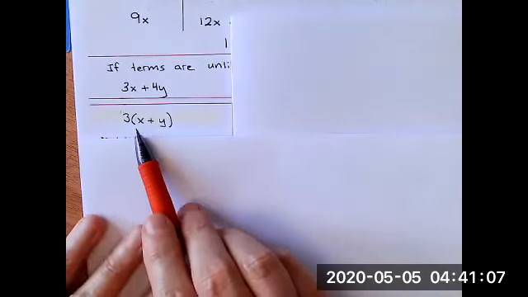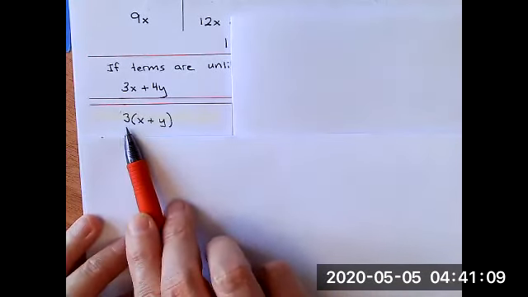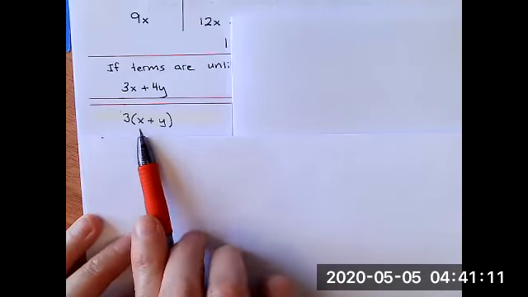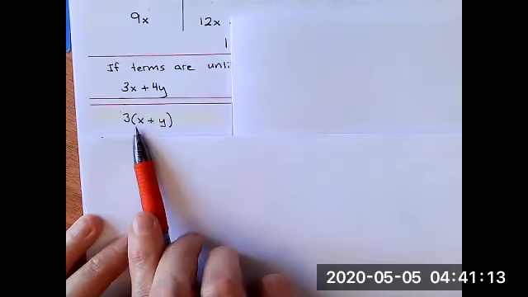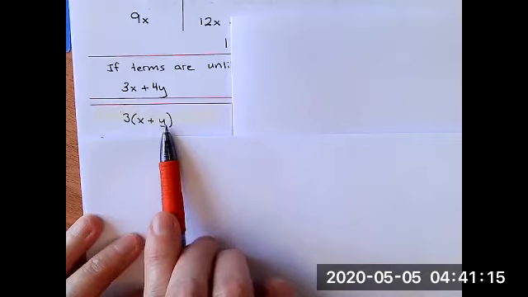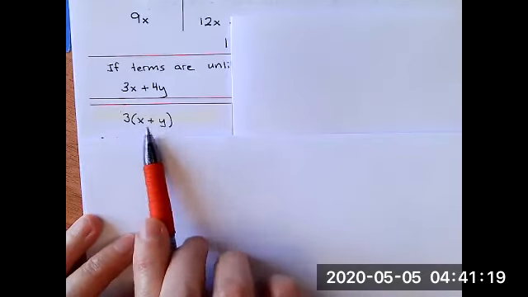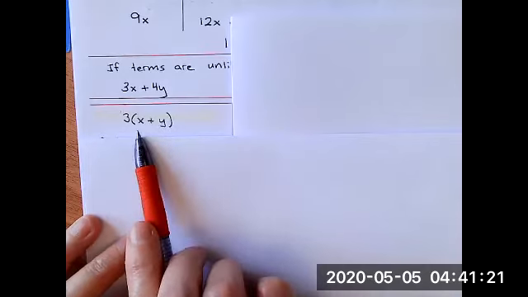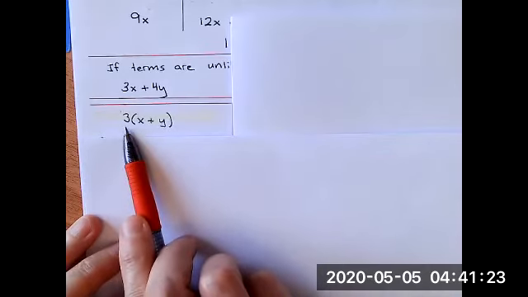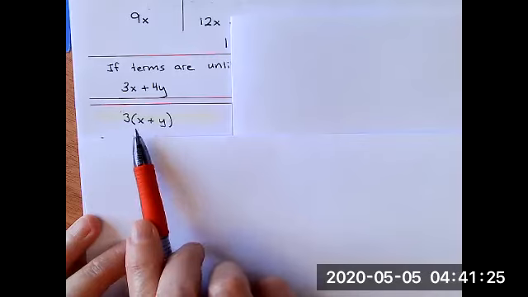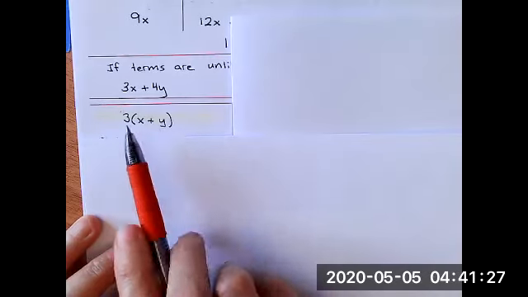In this example, we have a number on the outside and unlike terms on the inside of parentheses. Since they are unlike, they cannot be combined. So what can you do? Well, remember that 3 times something is that thing added 3 times.